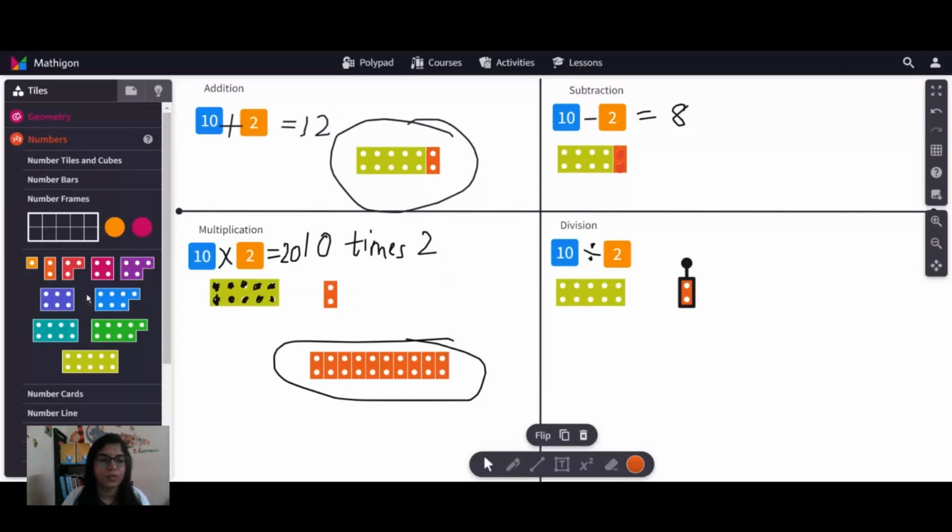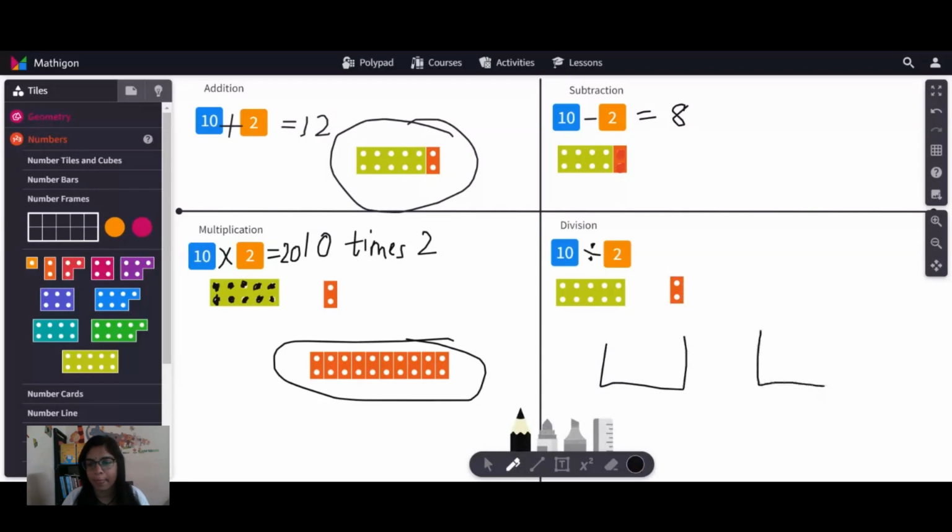Division means distribution. This 2 means it has two baskets or two buckets or two bowls or whatever.